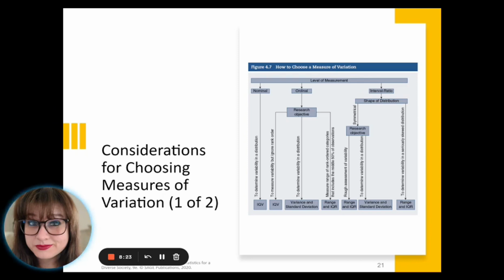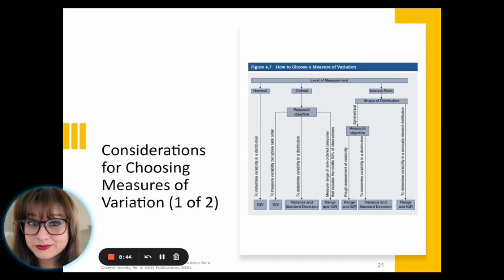And that's why assigning the values and the measures of central tendency were so important. If you're going to think about how to measure the range of the rank-ordered categories, thinking about that median, 50%, 25%, 75%, you're going to use your range and IQR. You need the range to figure out the interquartile range.